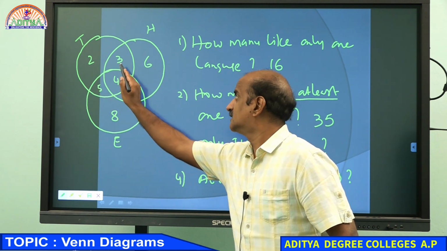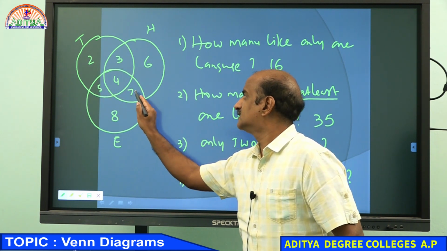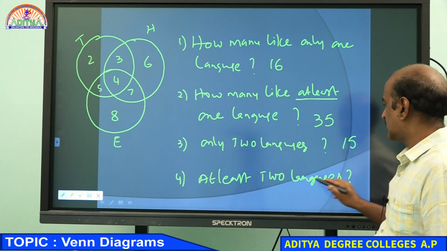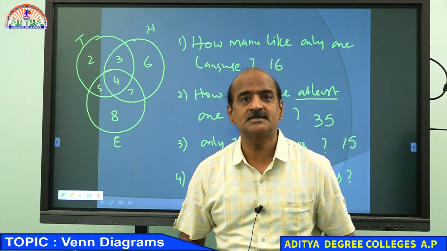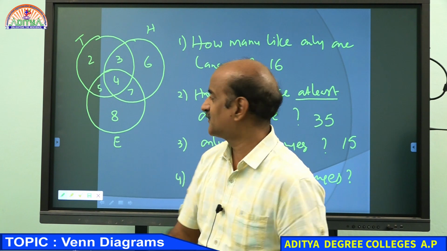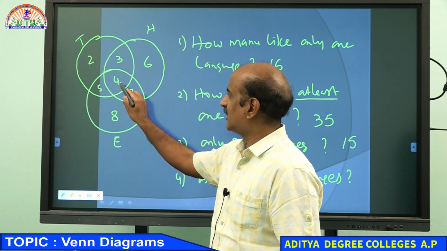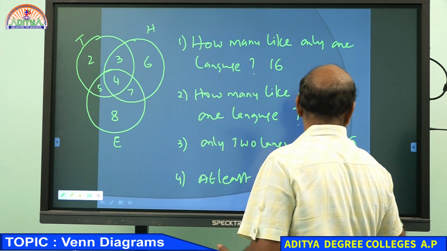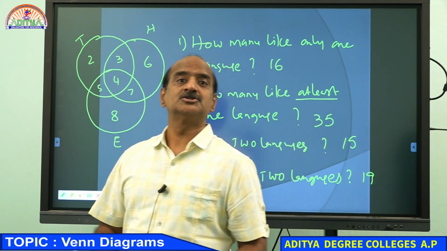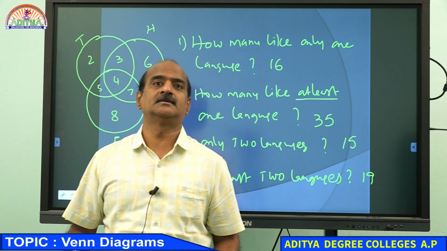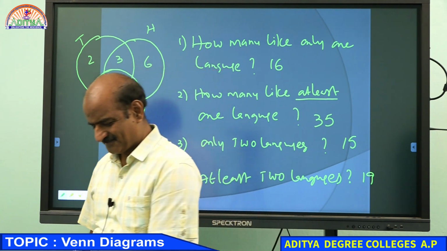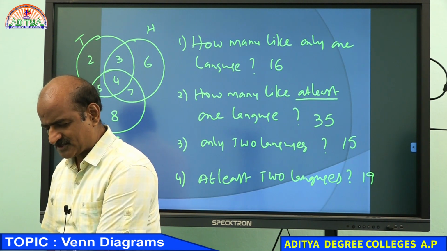You understand this? 3, 5, 7. That is 15. Question number 4, at least 2. At least 2 in the sense we can also consider 3 languages. Therefore, apart from this, we have to add 4 as well. Hence, your answer is 19. At least 2 means we have to add 3 also. I hope you understand this.